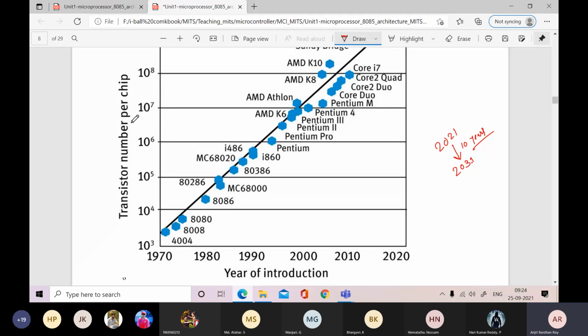That means today in the microprocessor we are using this many transistors. After 10 years, if we want to use the device, how many transistors will be needed? Because every time we need extra features in our electronics device.